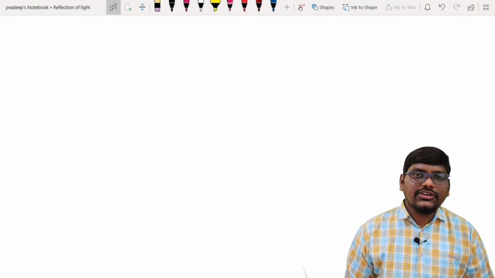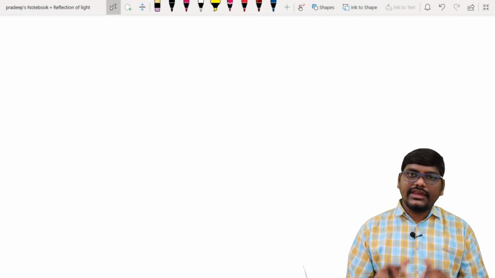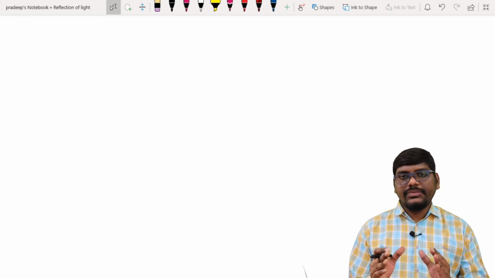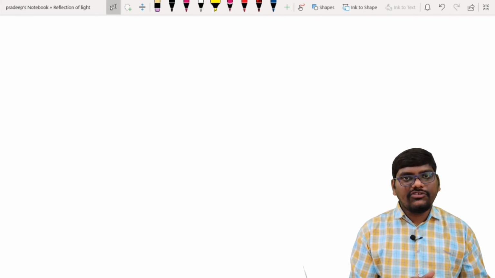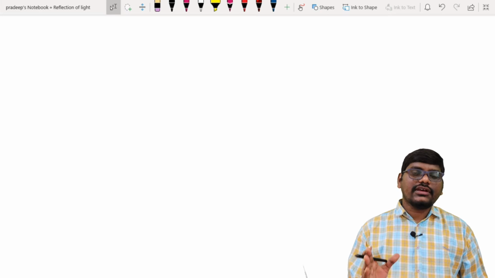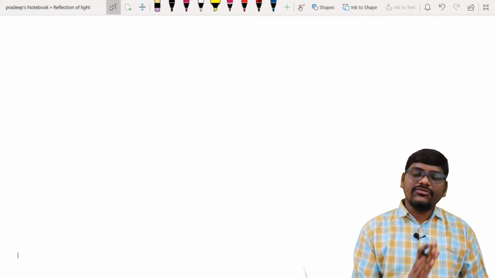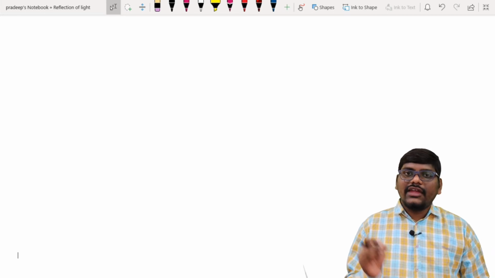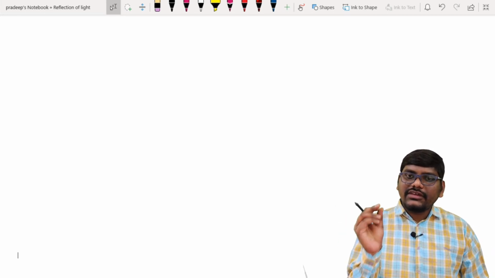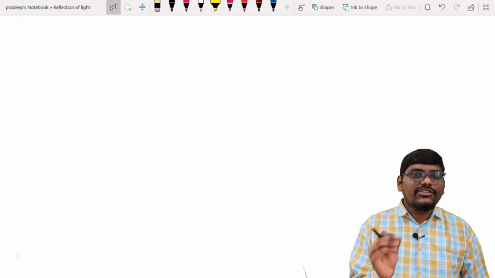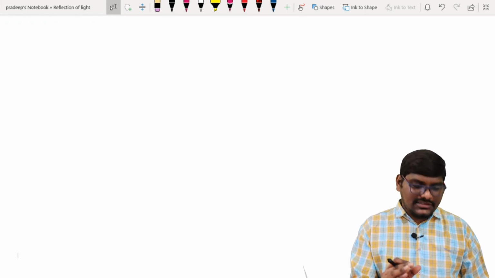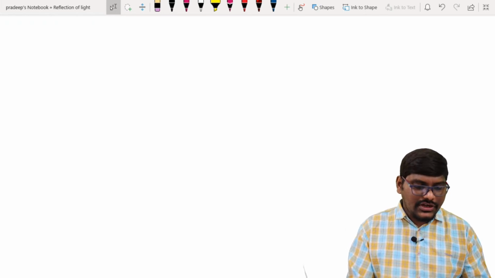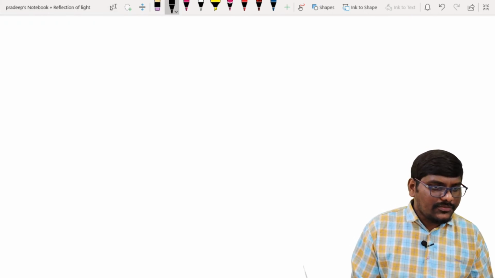So now let's see the concave mirror characteristics. So we're just taking a candle and we're just placing the candle in front of a concave mirror, and we are positioning the candle in different positions in front of concave mirror, and we're just trying to understand the characteristics, and we're just taking one beam of ray from the candle and we're just observing the characteristics of a concave mirror. Alright, so let's go forward.